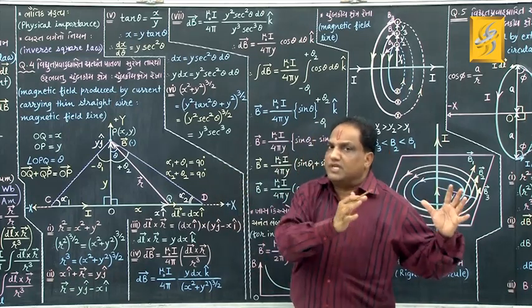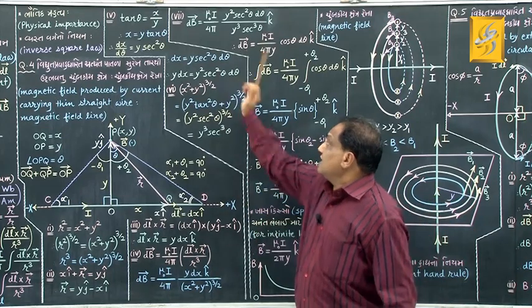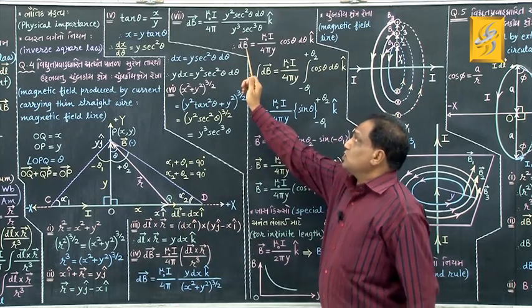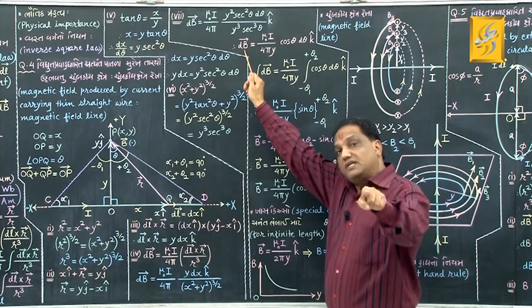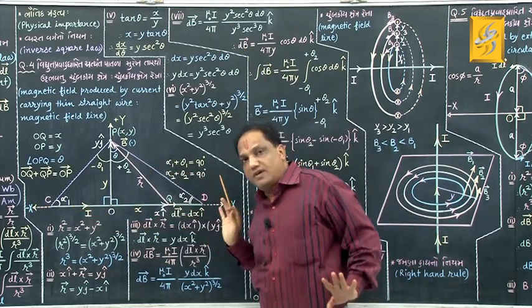This whole process you can carry out mathematically by taking the line integration of this result over this length. So I am supposed to take the integration of this result, and that would give you the resultant magnetic field at point P due to this entire current carrying wire.